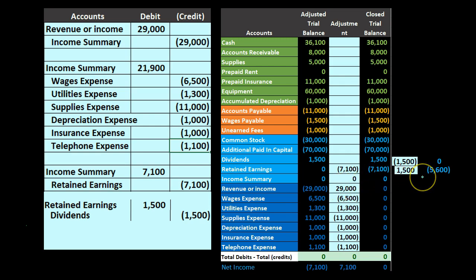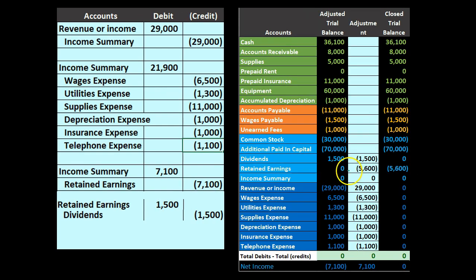The reason we put it outside here is just because this number, the retained earnings, now has a couple things that will be included in it. Two accounts were closed out to it. So when we pull it into one column here, this number now represents two journal entries. This 5,600 is made from journal entry 3 and then journal entry 4. So that's making up this number.